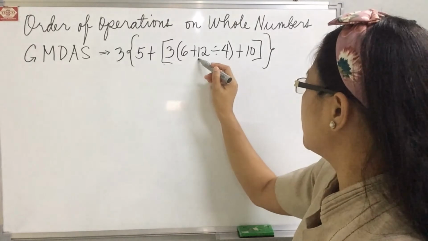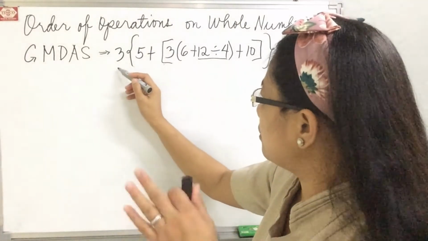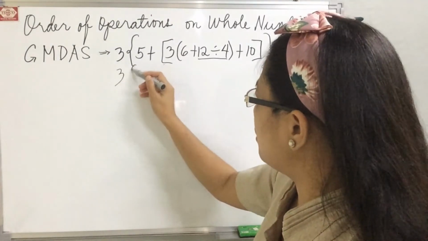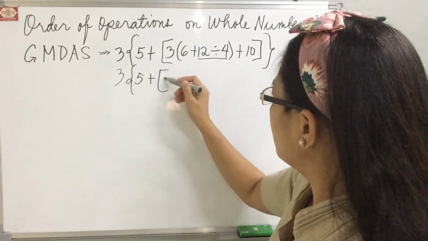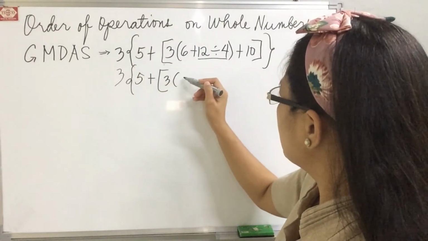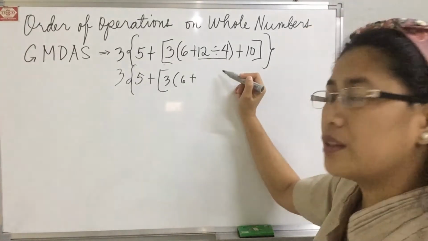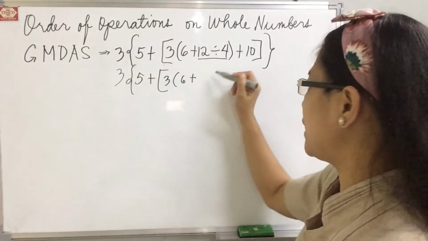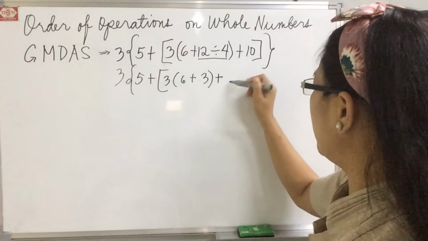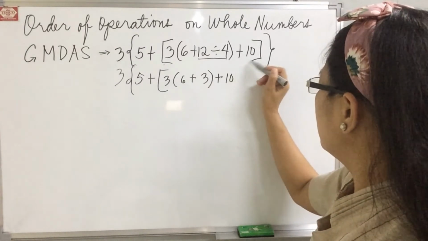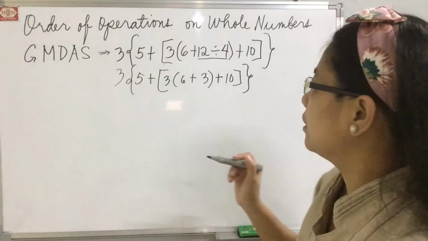So let's solve division. First, let's bring down the numbers that we are not going to solve yet. Six plus, and 12 divided by 4 equals 3. And then the close parenthesis, addition sign, 10, the bracket, and the close brace.